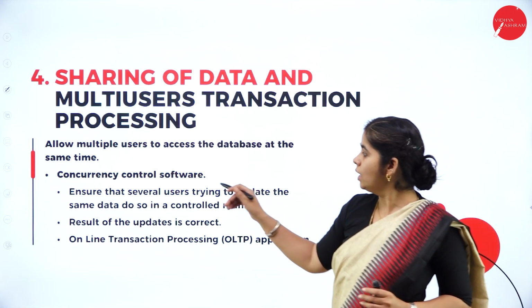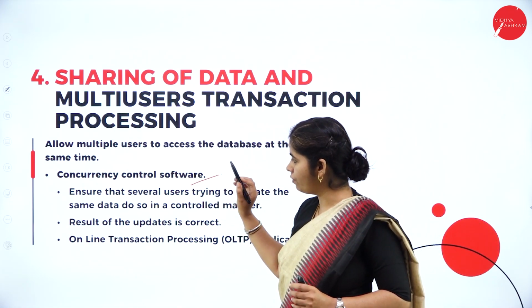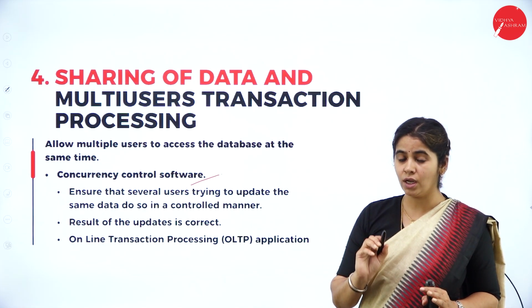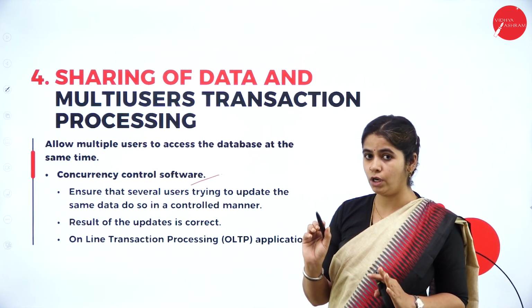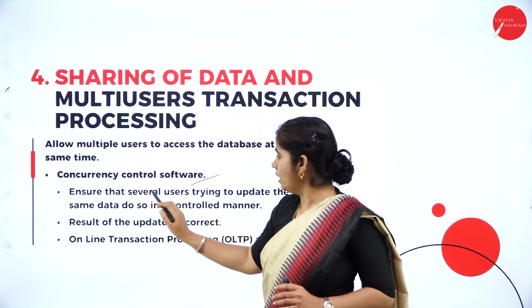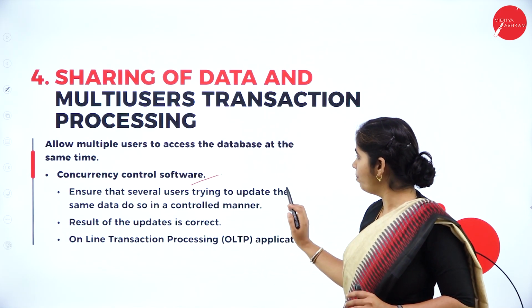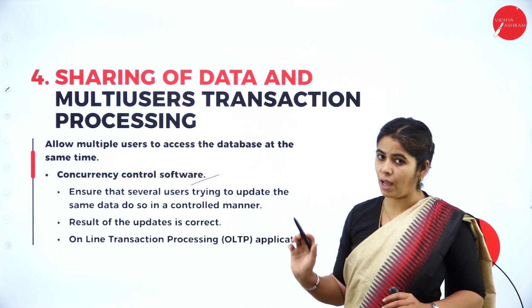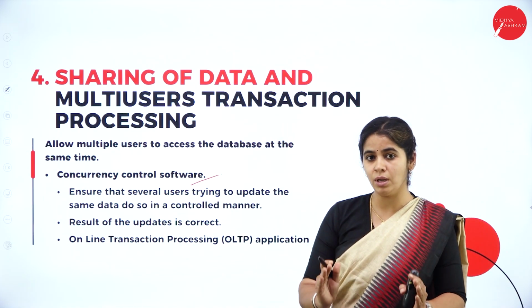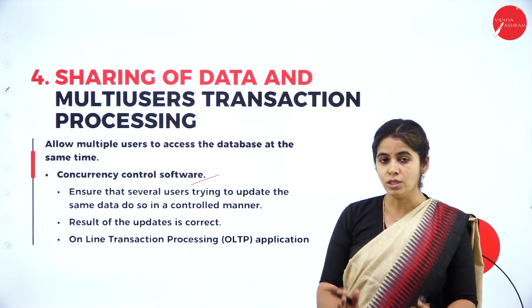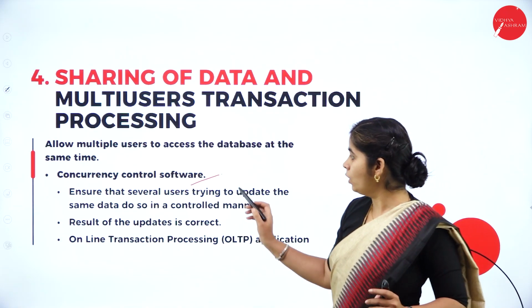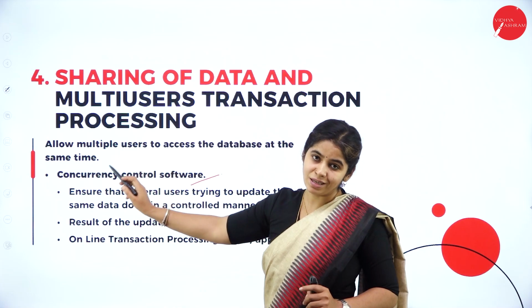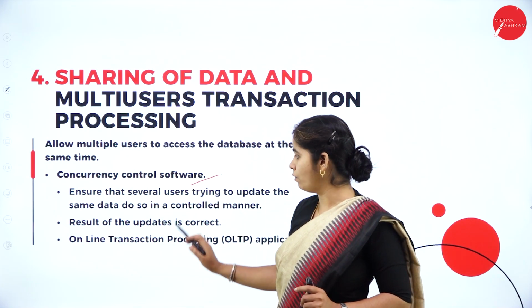By using the concurrency control software. It ensures that several users trying to update the same data do so in a controlled manner. Trying to update the same table at the same time has to be done in a controlled manner. Who will take care of that? The concurrency control software will take care of that.